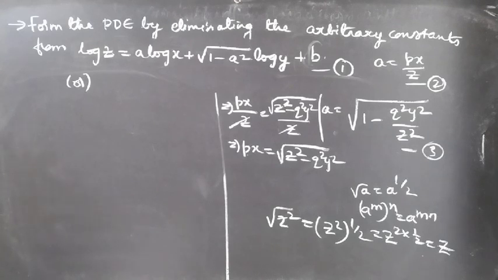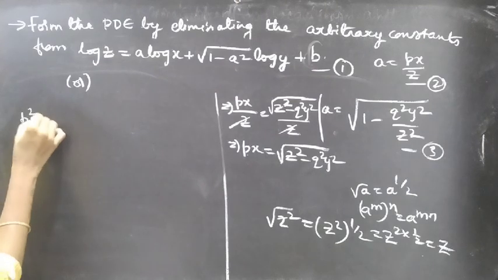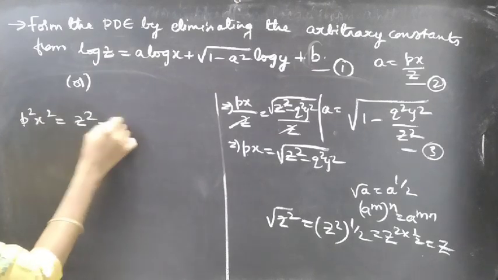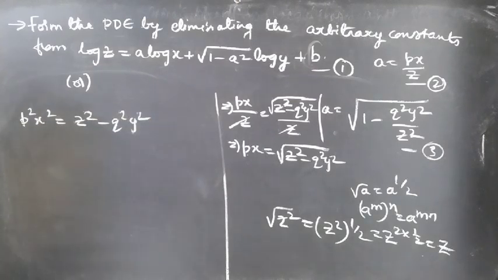Again we'll square on both sides, so that you'll get p square x square equal to z square minus q square y square. Okay.